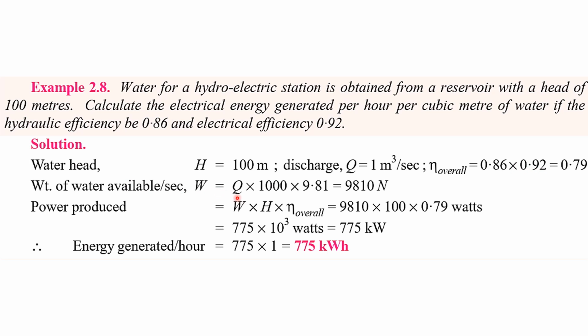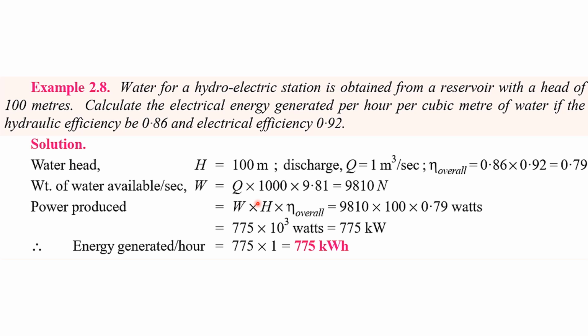We simply have to multiply the flow rate of the water with the gravitational force and the density of water. Density of water is 1000 kilograms per meter cube, and the flow rate is 1 meter cube per second. So 1000 into 1 is 1000 kilograms per second of water.